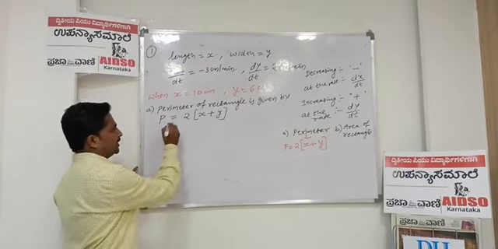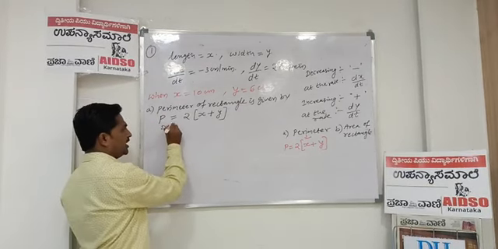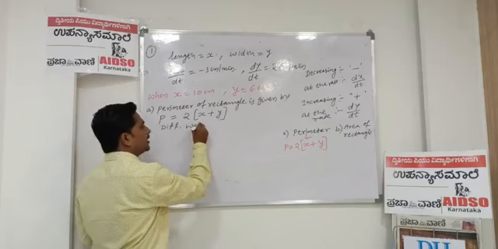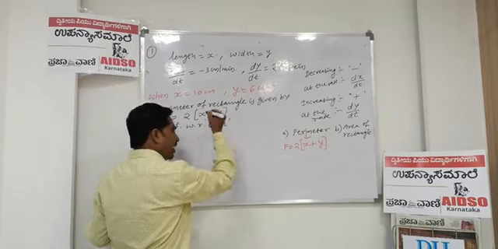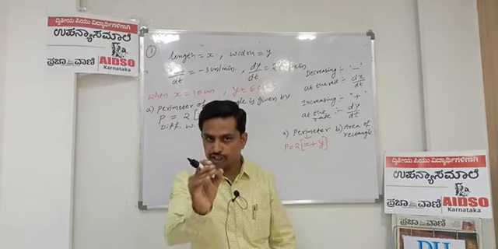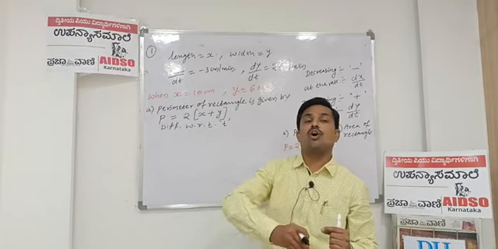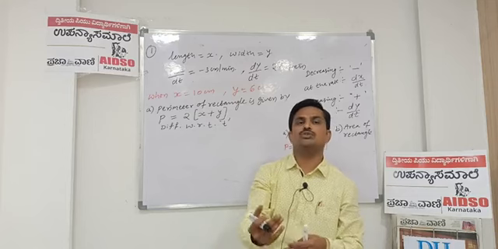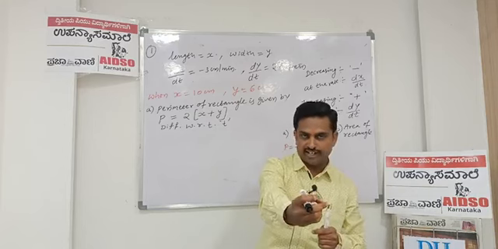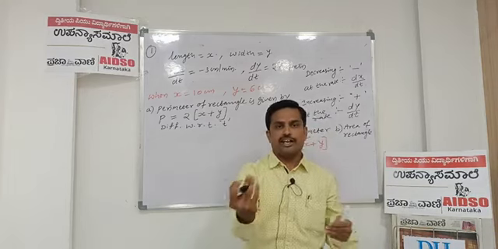Now we need to differentiate with respect to t. Why do we need to differentiate with respect to t? Because the statement asks at what rate the perimeter is changing, and whenever a rate is given, the variable t can be introduced.